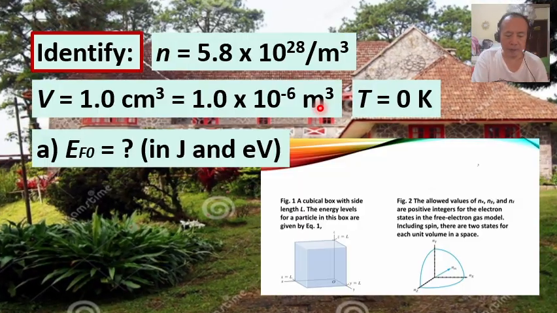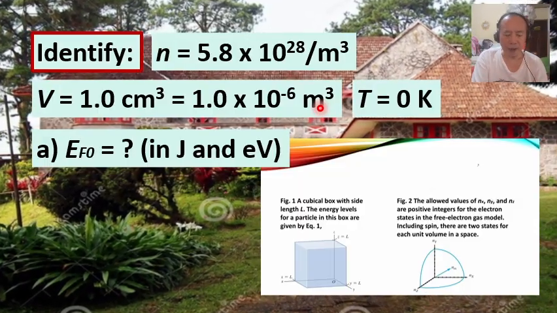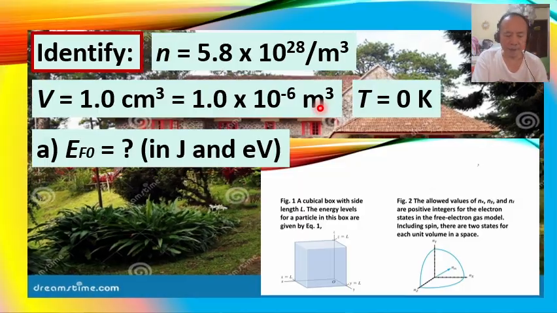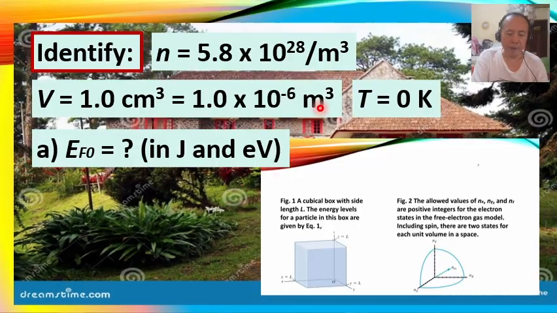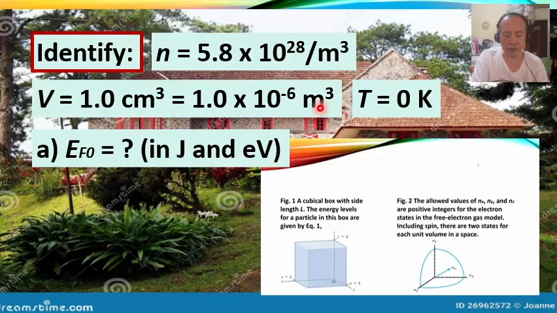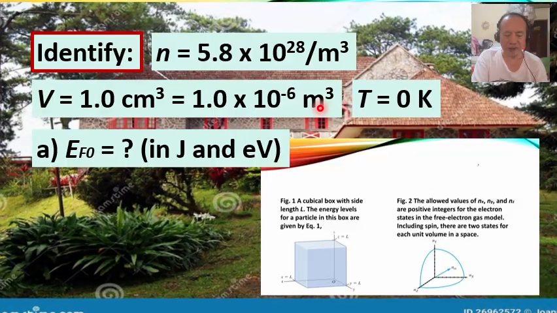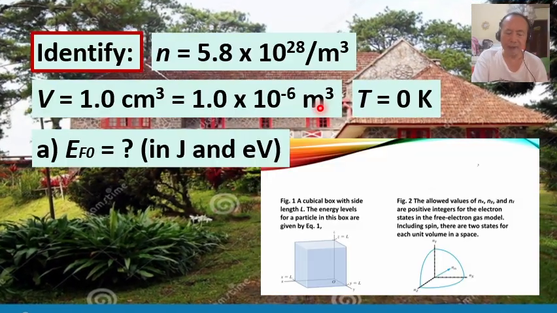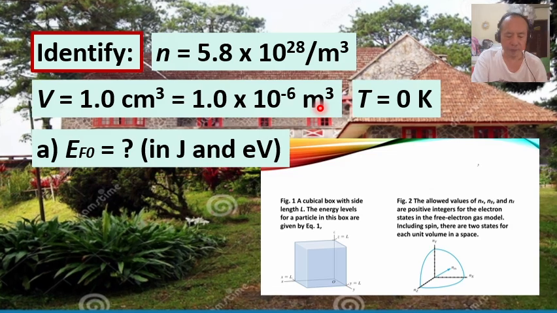And our target variables are, in part A, the Fermi energy, capital E sub F naught, of silver expressed in joules and in electron volts.